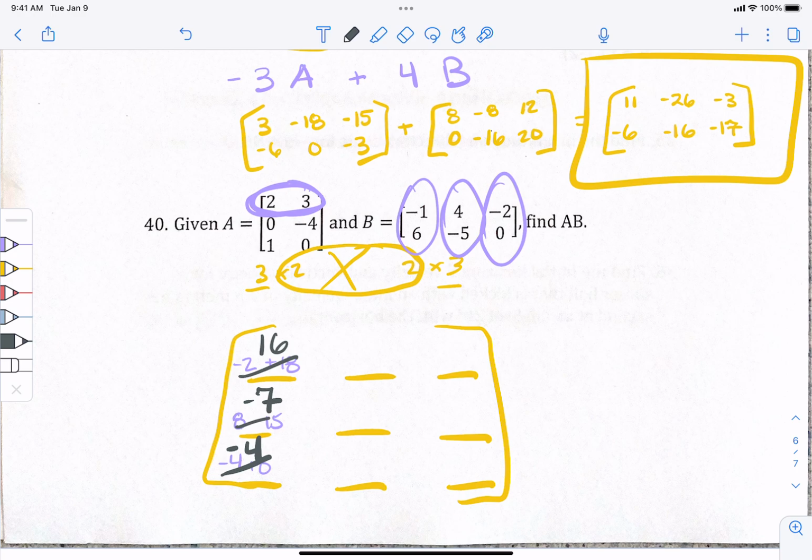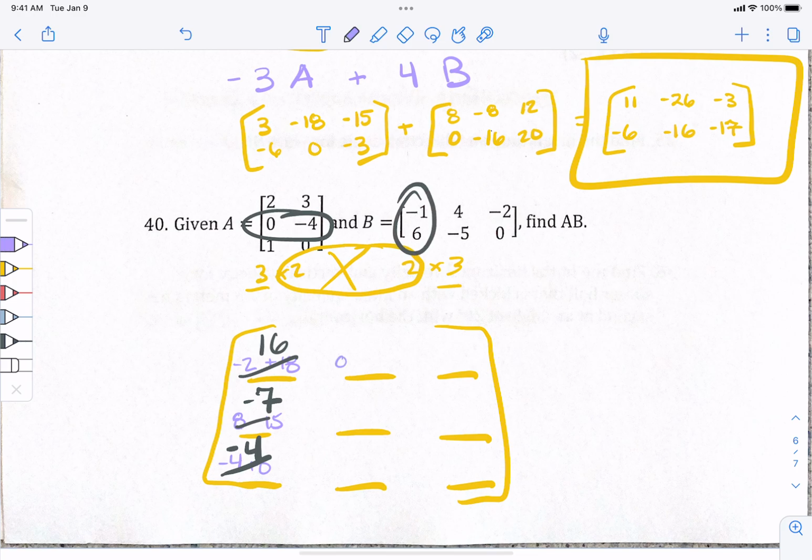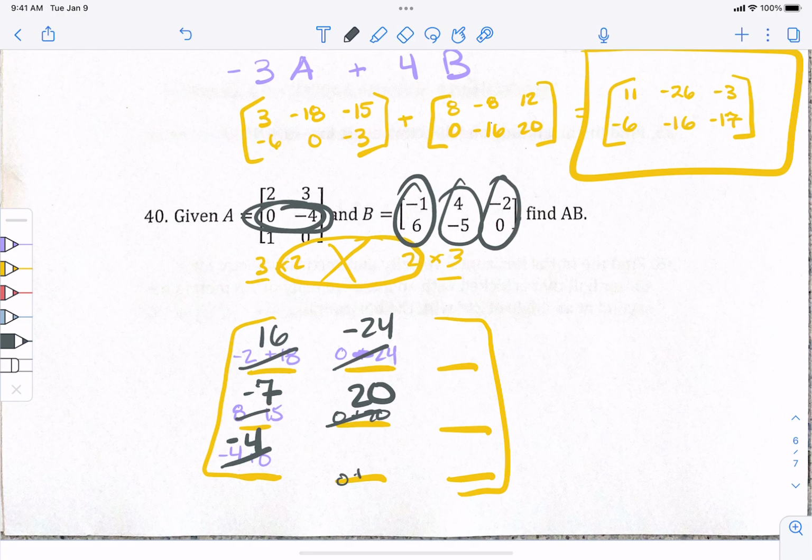Let me just do the next couple ones. So 0, negative 4 times this would be 0 plus, excuse me, negative 24. So negative 24. 0, negative 4 times 4, 5 is 0 plus 20, so just 20. 0, negative 4 times that is going to be 0 plus 0, or just 0.